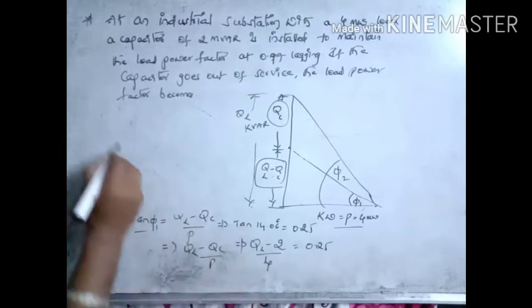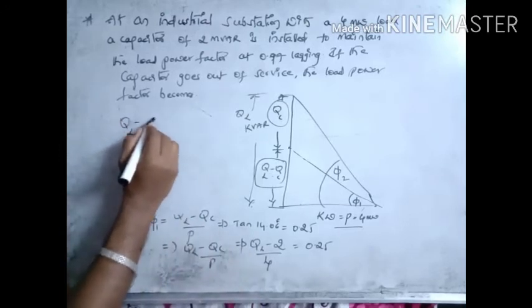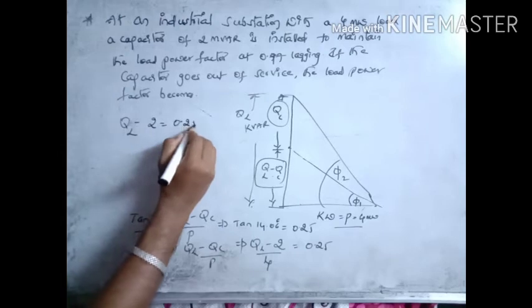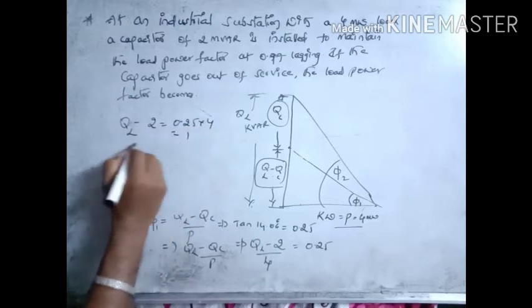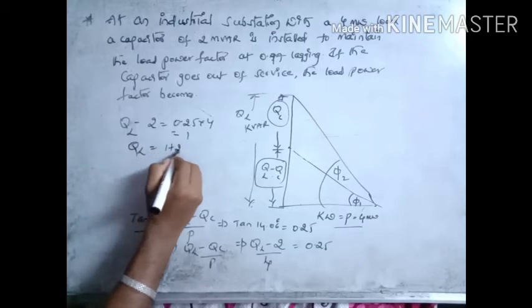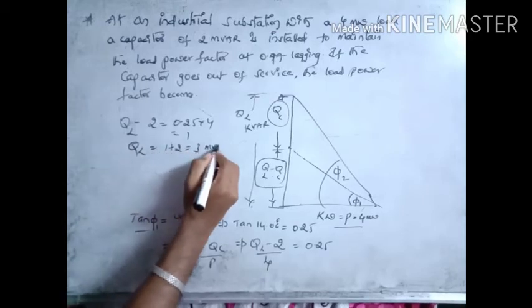Again, QL minus 2 equals 0.25 into 4, which is 1, and QL, the total reactive power, equals 1 plus 2 equals 3 MVAR.